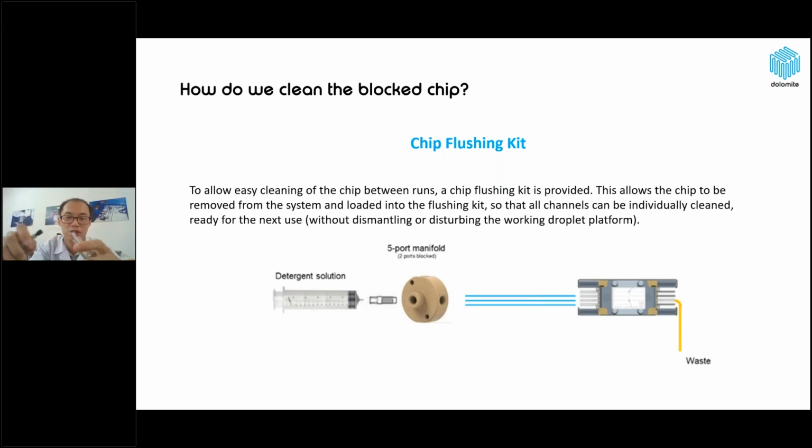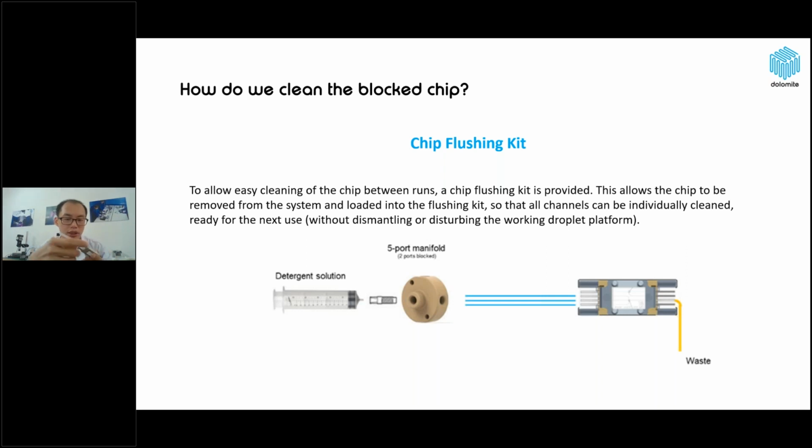For the chip flushing, you connect the tubing with the same setup as the experiment, in the forward direction. The input of the chip will be connected with the tubing and the syringes, and the outputs are made free, and there are some holes that are not used, which you can block with blockage tubing.